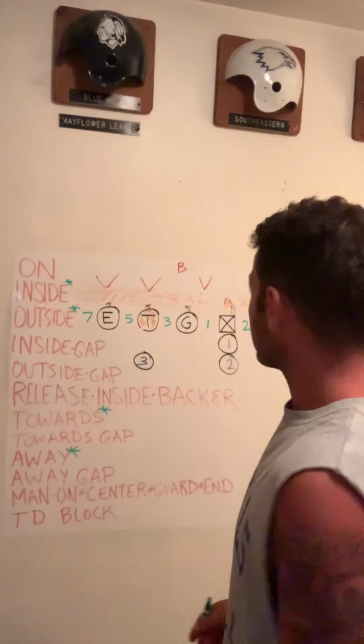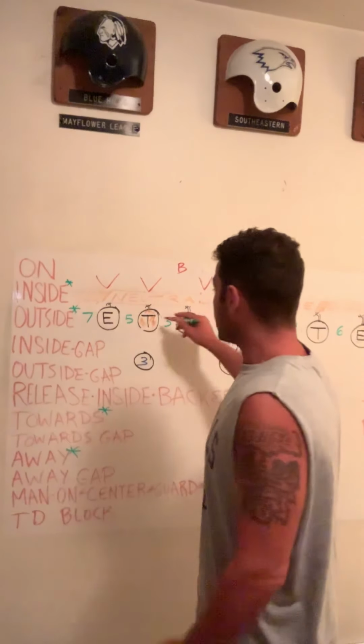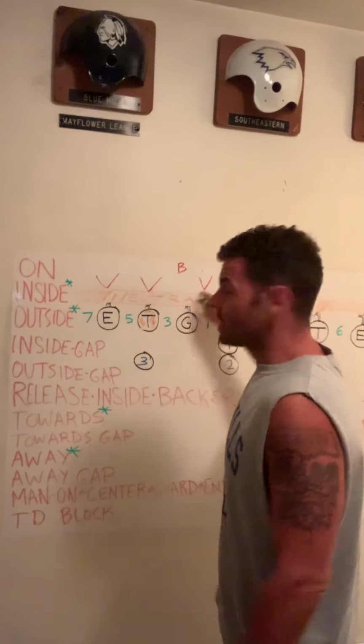This guy could be wearing a picture of you on his t-shirt. Not that that would happen. My point is, if your rule is not on, it doesn't matter who is in front of you, you're not going to block him. You're going to follow your rule. Inside, you look inside, you see a guy, but he looks kind of far away.